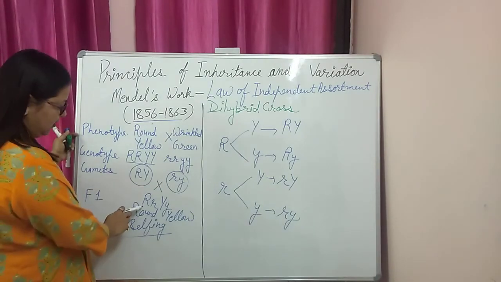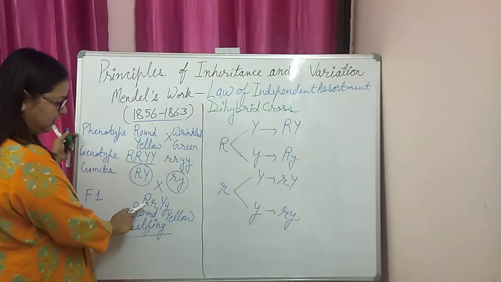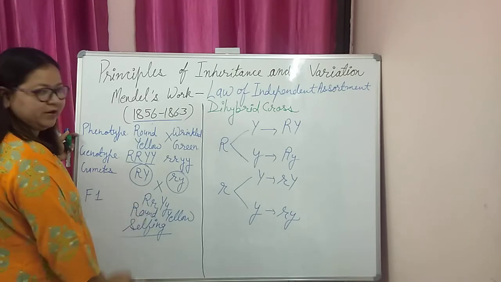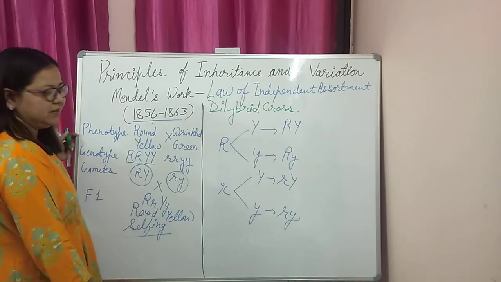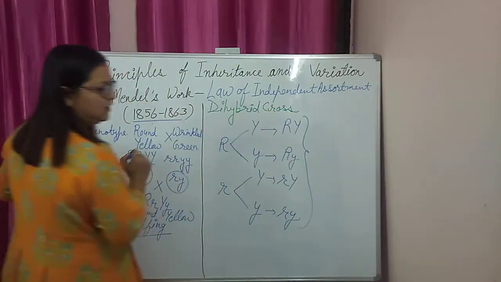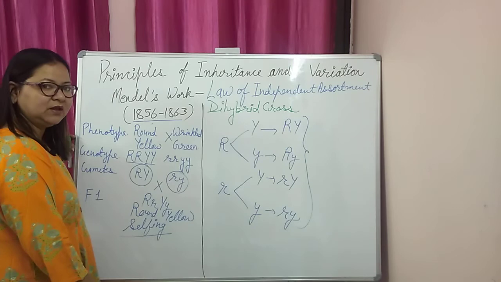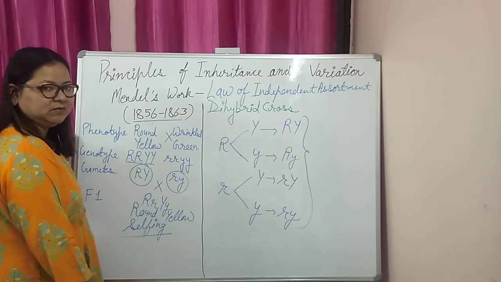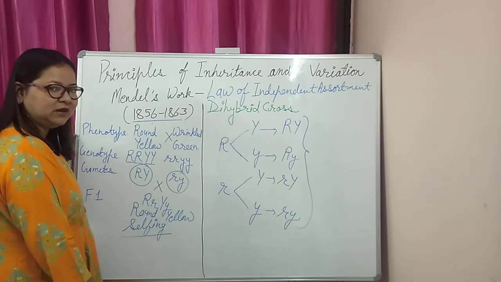So, for the genotype having capital R, small r, capital Y, small y in F1 plants, there is the probability of the formation of these four types of gamete according to the second law given by Mendel, that is the law of segregation.